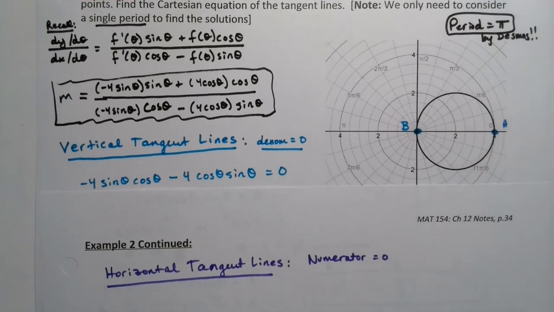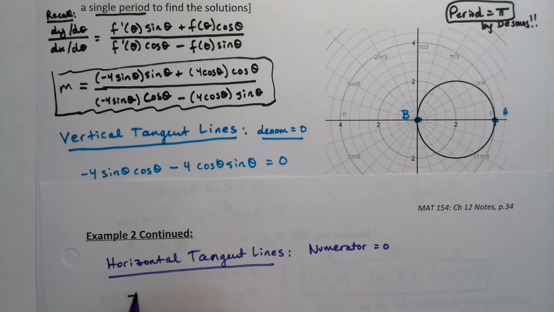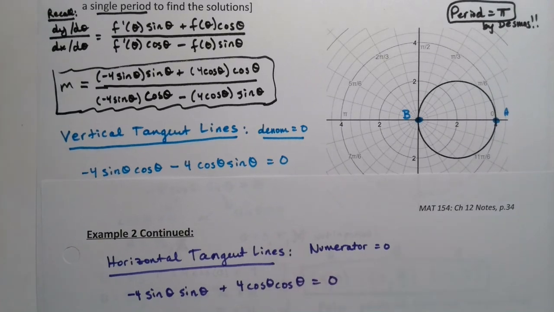Okay, so if that numerator is equal to 0, that means that negative 4 sine of theta times the sine of theta plus 4 cosine theta is equal to 0.